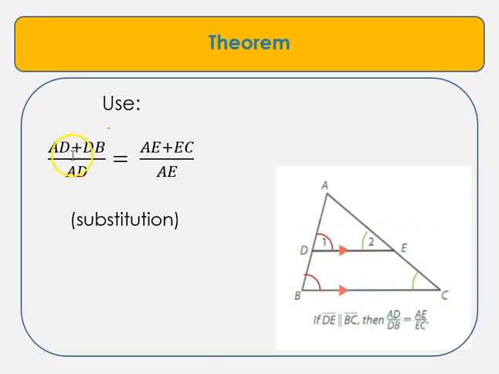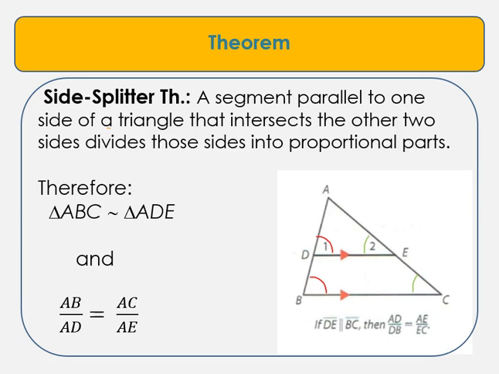What we're going to do is use substitution to say that AD plus DB in proportion to segment AD is the same as AE plus EC in proportion to AE. So what they did is substitute, and let me go back to the last slide.